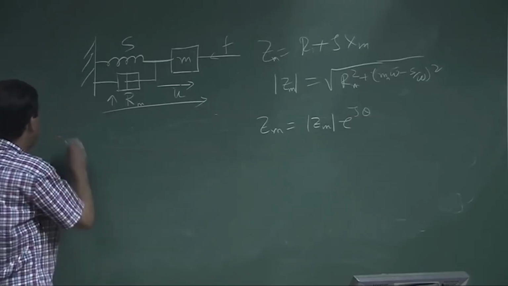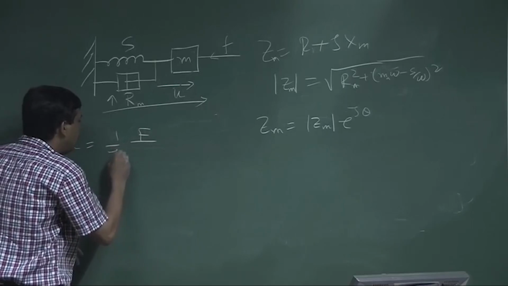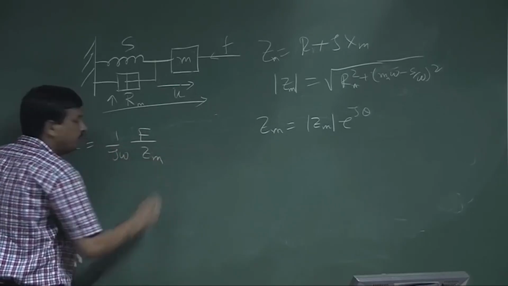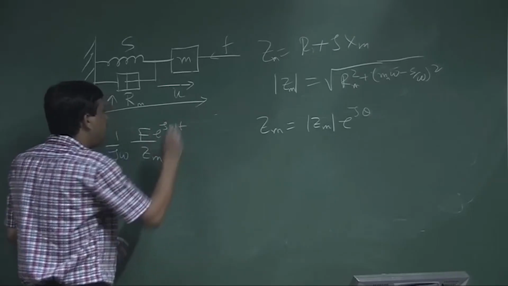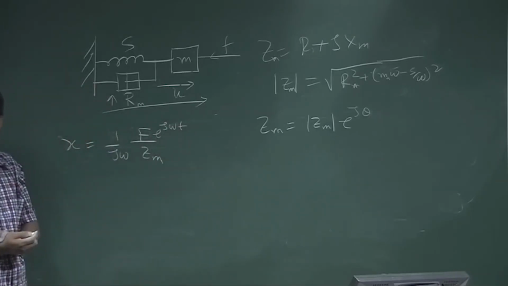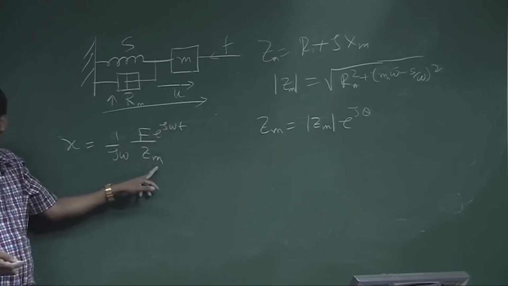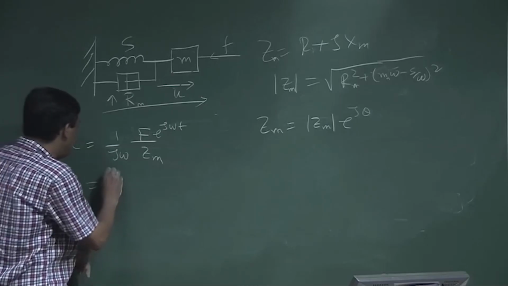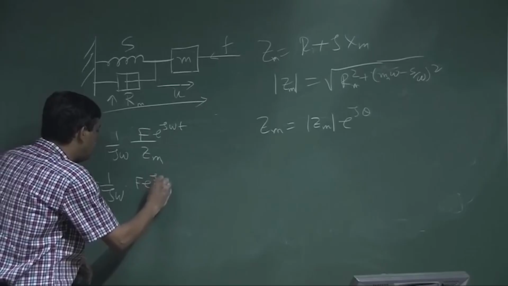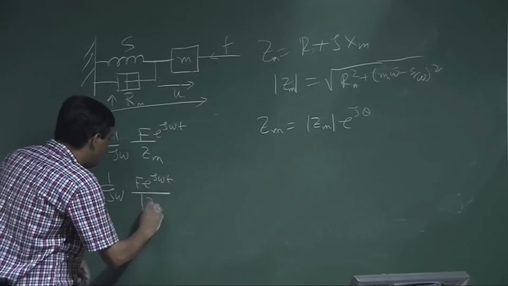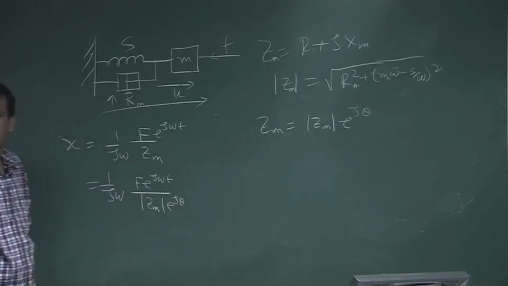I said X is nothing but f by (1 by j omega) Zm into e to the power j omega t. This is X, 1 by j omega, f into e to the power j omega t divided by Zm. So, instead of Zm, I can write j omega f e to the power j omega t divided by mod of Zm into e to the power j theta.